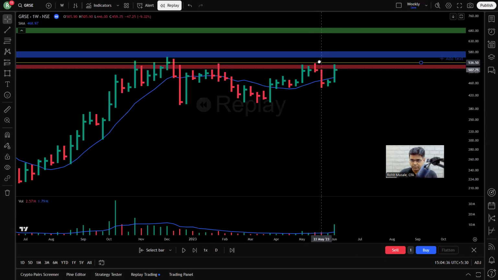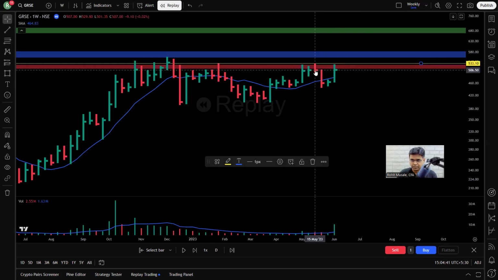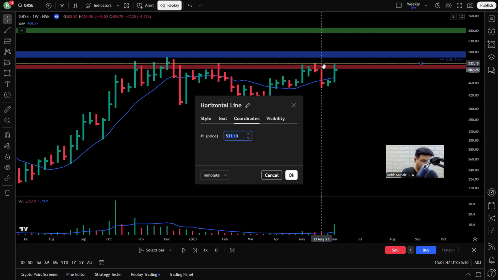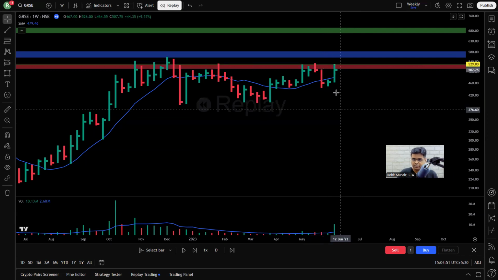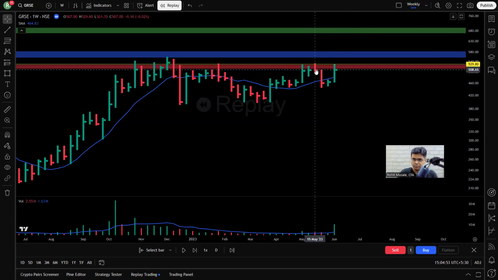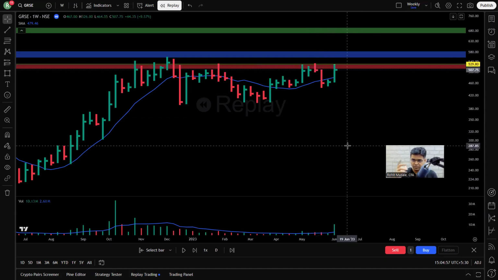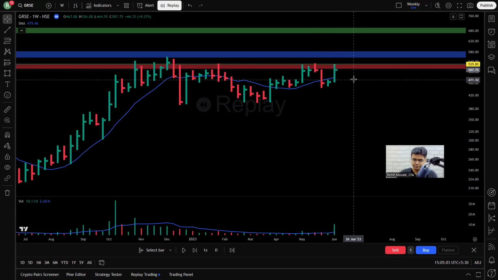See, the high of this bar is 529.80. And if I mention here 529.80, it looks like the bar has gone above the line, but that's only because of the thickness of the bar. Okay.